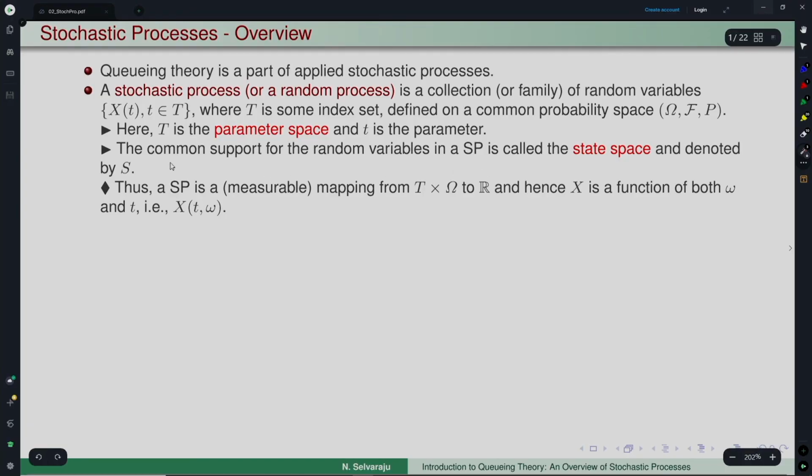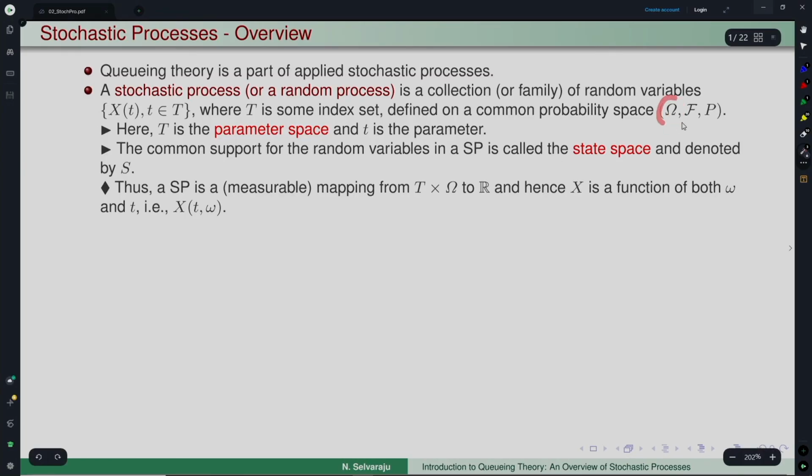So, if you put together all the possible values that a random variable in this family takes, not just one, and that is a common support for all the random variables in the stochastic process. That is what we call the state space, and the notation that we will be using is S. T is the parameter space, S is the state space, and already you know X is a random variable, meaning it is itself a function from omega to R.